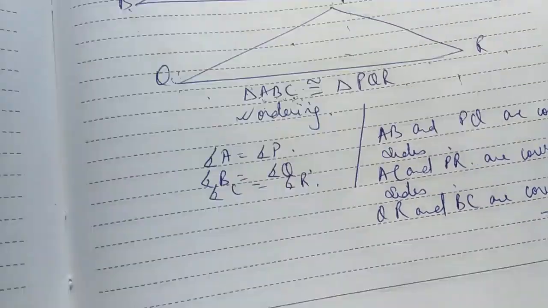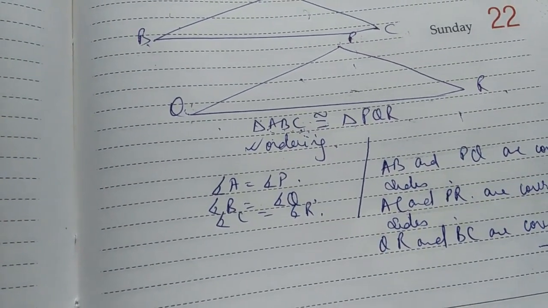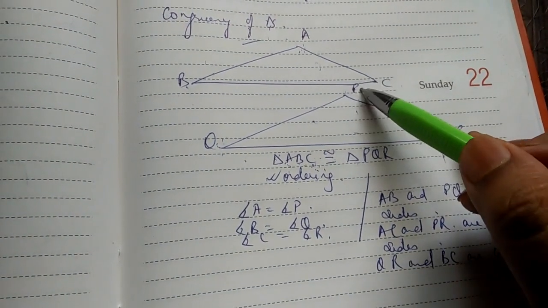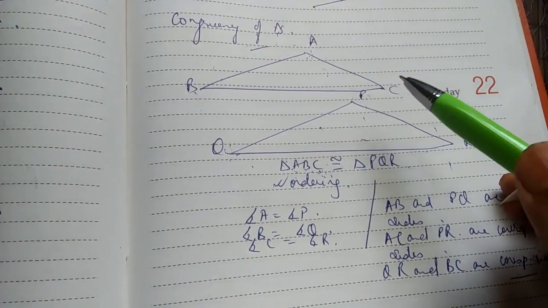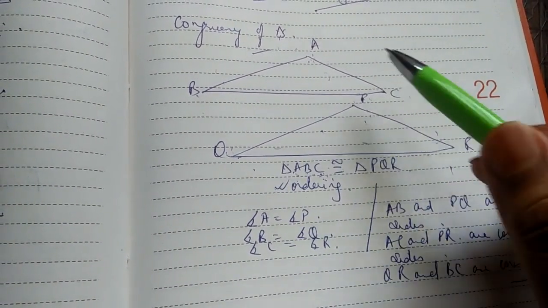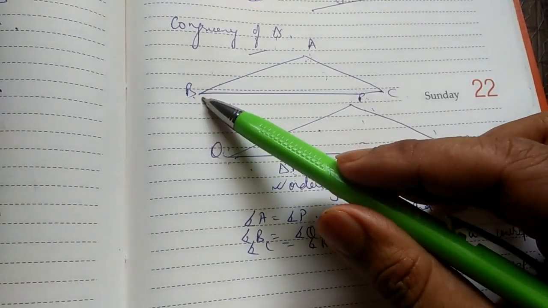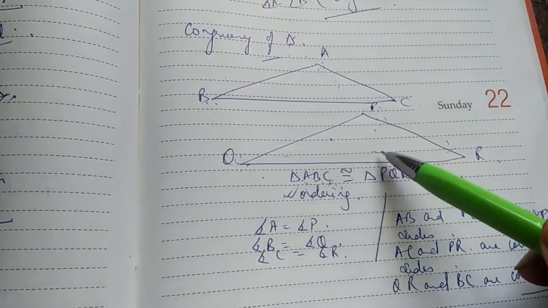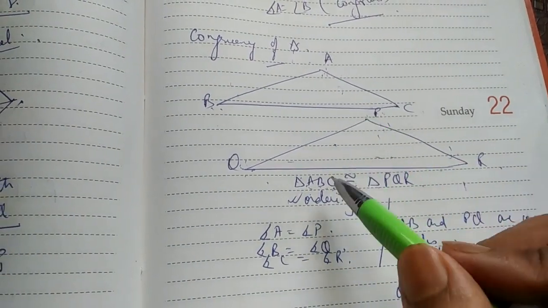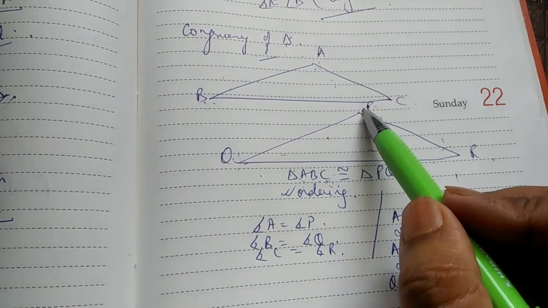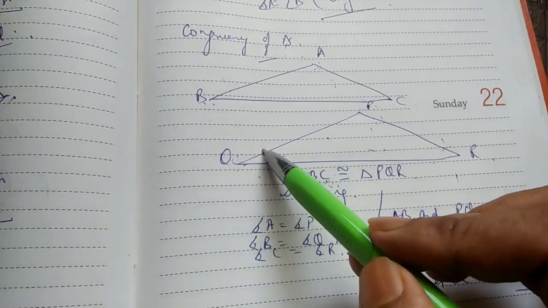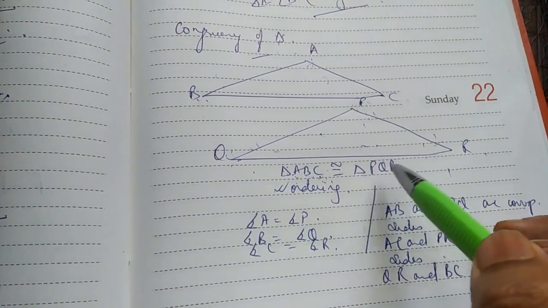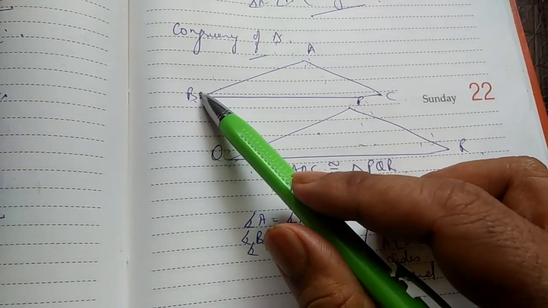Just in case, if we place PQR on ABC and P falls on B, then you need to change the order of the triangle. Let's say P corresponds to B, Q corresponds to A, so PQR is going to become BAC.